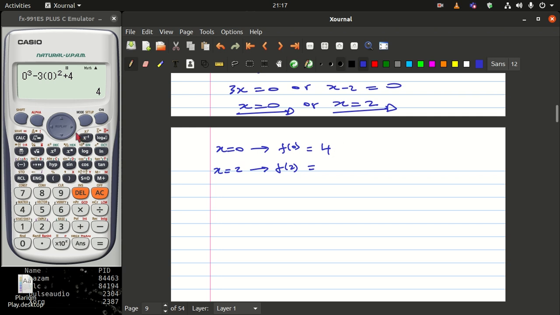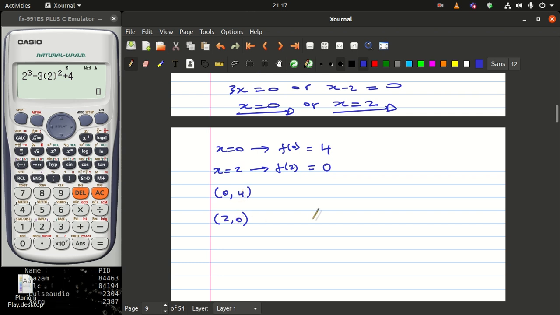But if I plug in a 2 here, and then here I end up having a 2, and then here I end up getting a 0. So this is actually a 0. This means we have a point which is (0, 4), and another point which is (2, 0). So is this a local max? Is this a local min?